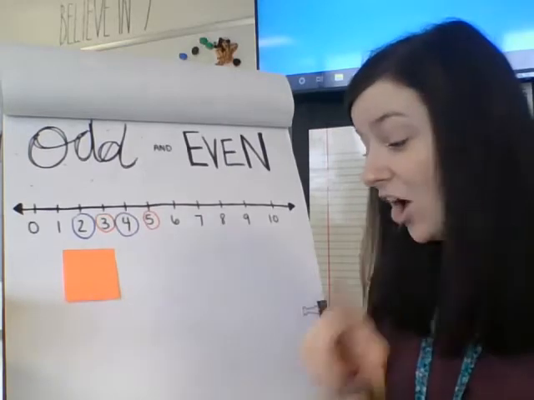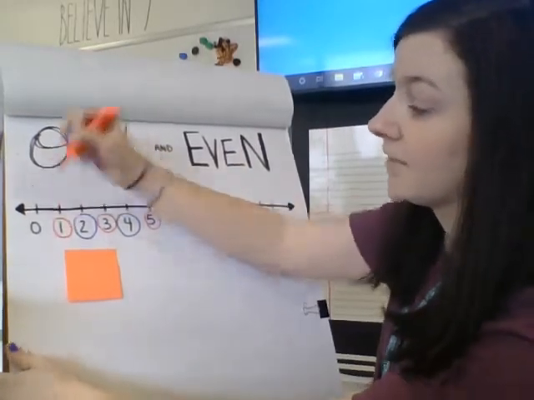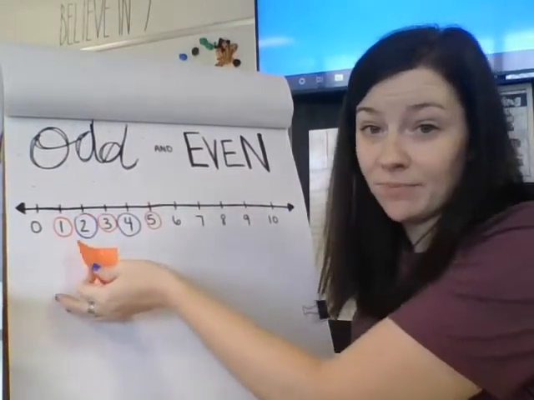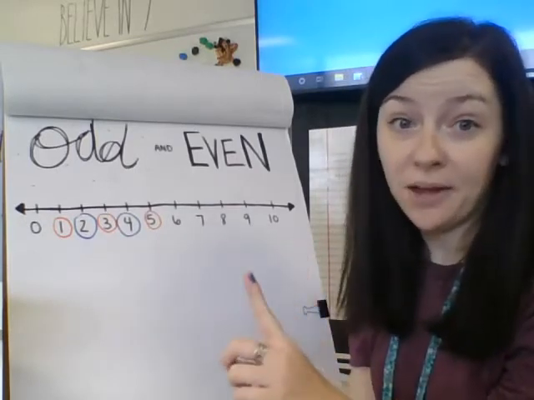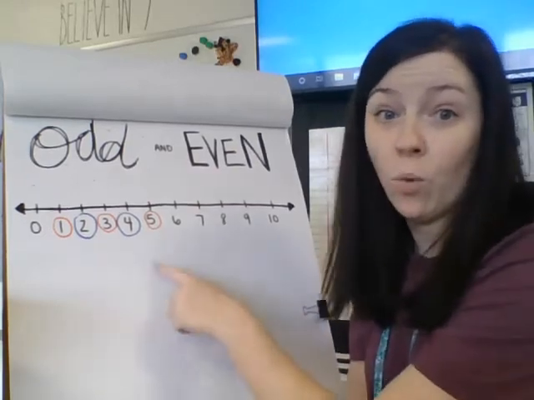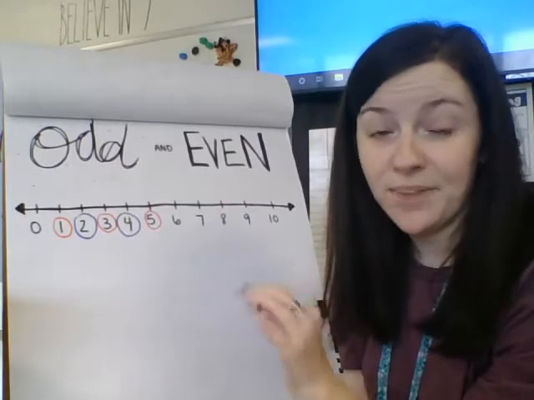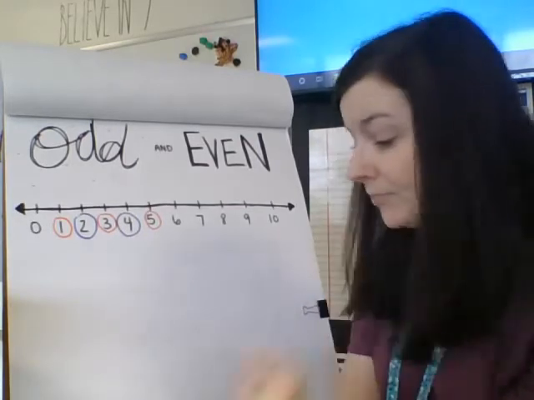So 1 is an odd number. Now, 0 is sometimes tricky to see. If I take these all away, and while I don't see any pairs, there is not an odd person out. There is not a 1 odd person out here anywhere. So 0 is an even number. It's just something you kind of have to memorize. 0 is an even number.